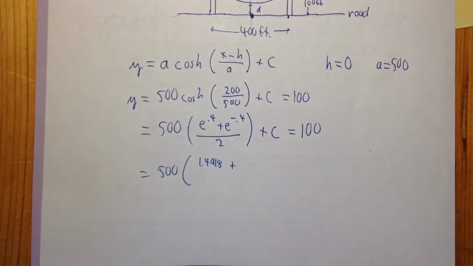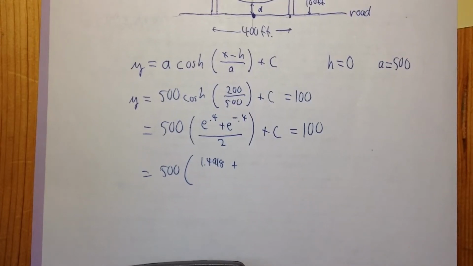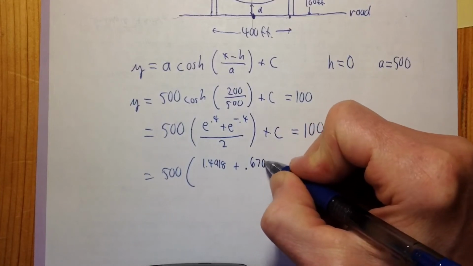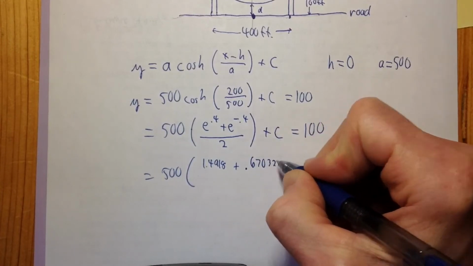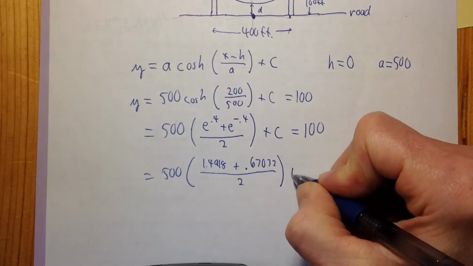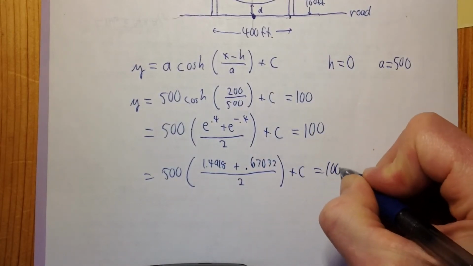This is again a calculator problem, so just make sure you can get the same thing. Different calculators work differently, so I don't know if you brought home the ones we use in class, but you can use anything for this. Plus e to the negative 0.4, I got 0.67032, keep lots of decimal places, divided by 2, plus c equals 100.